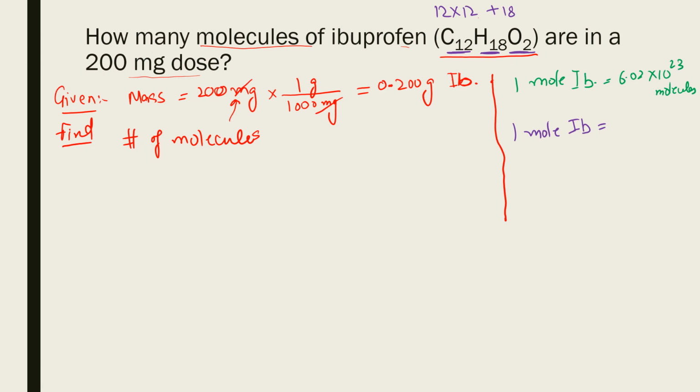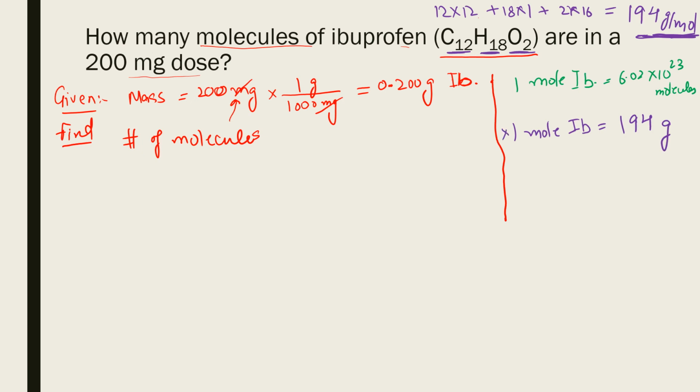Plus 18 times 1 plus 2 times 16. So its molar mass comes out to be 194 grams per mole. So from this, what we can say is that 1 mole of ibuprofen equals 194 grams.